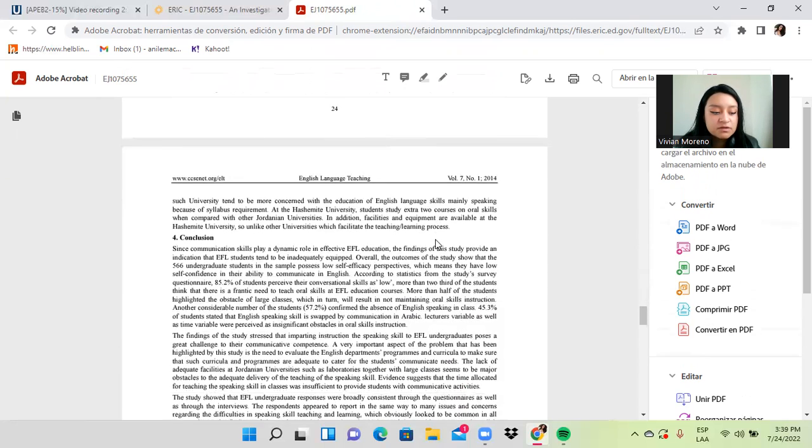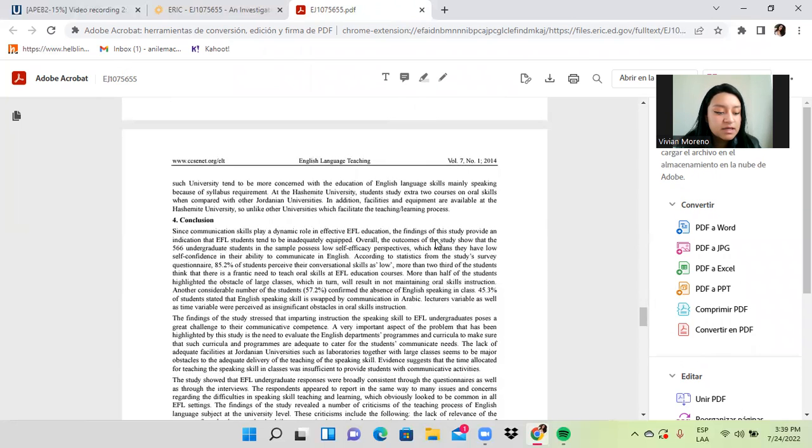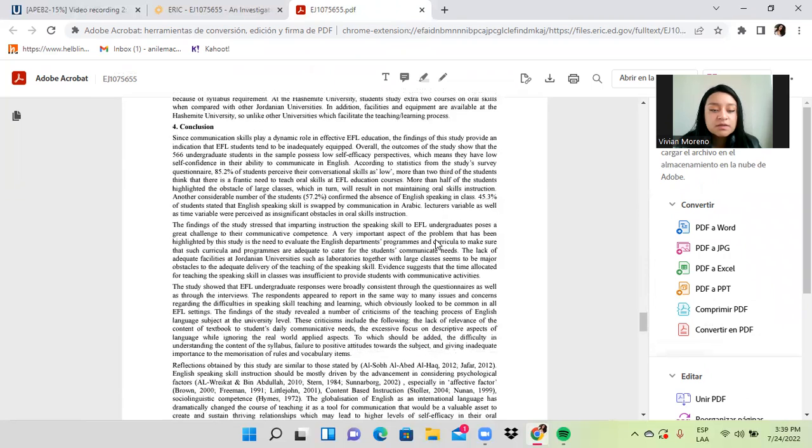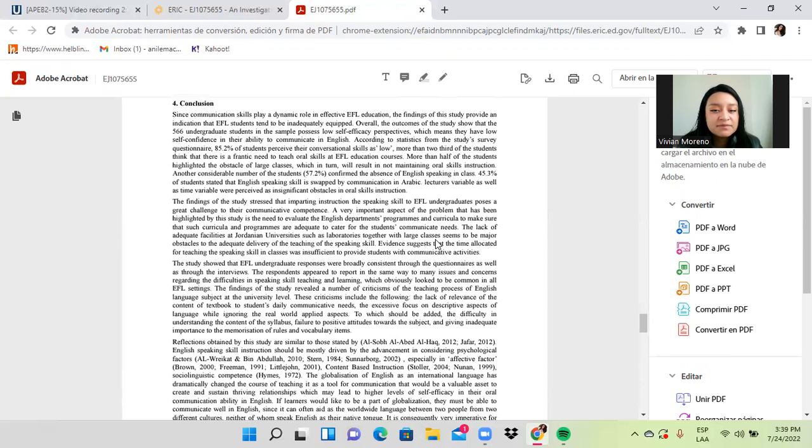Finally, you have the conclusion, right? In the conclusion, we can see the summary of all the key findings. After doing the research, after having the participants' interviews, after having the results, here we have the conclusion.